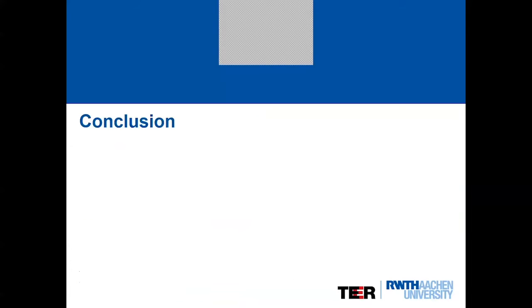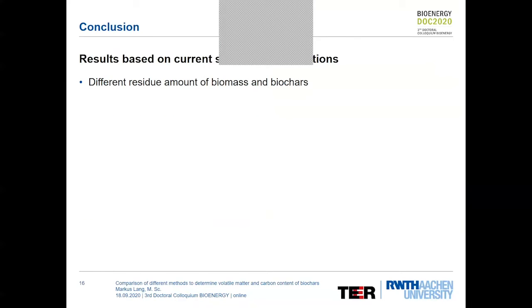So to conclude the results we've got so far, there's a different residue amount of biomass and biochar. The residue amount in this case is on the one hand the ash content, and on the other hand the non-volatile components or the lower volatile components.